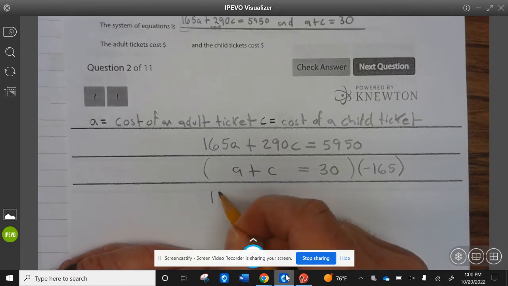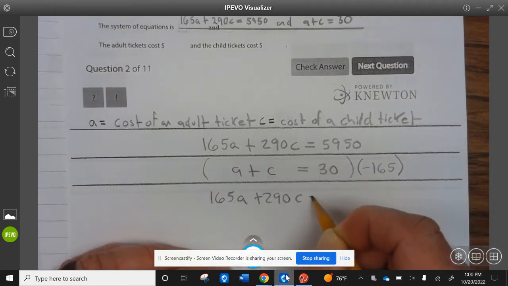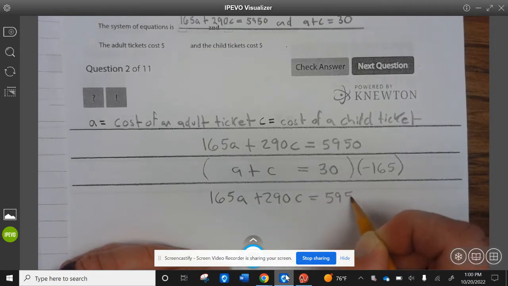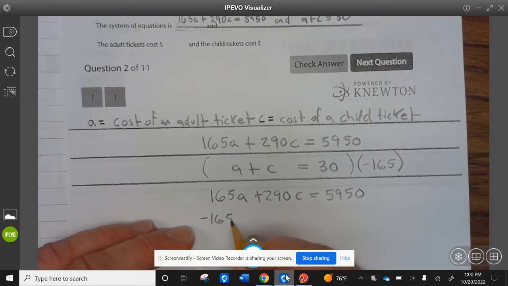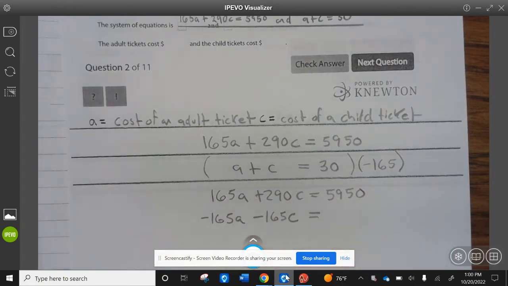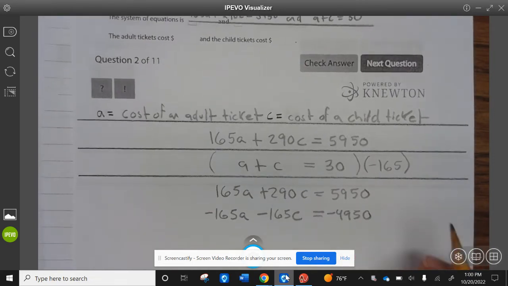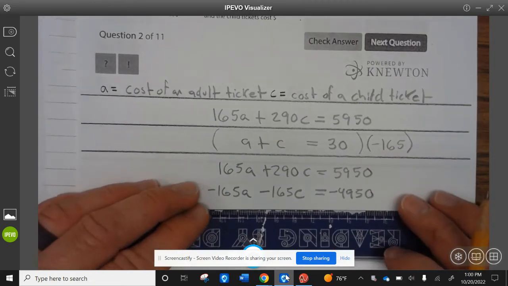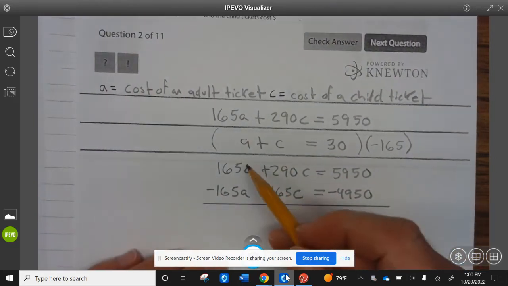So then that's 165A plus 290C equals 5,950. And then that's negative 165A minus 165C equals negative 4,950. So that becomes 0.